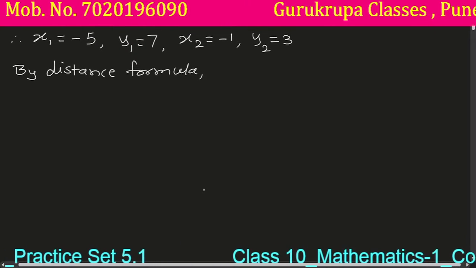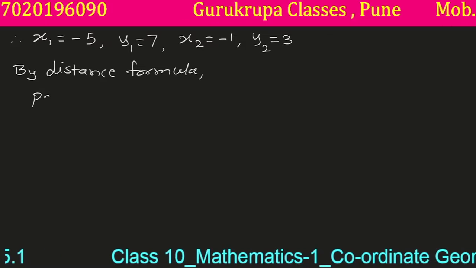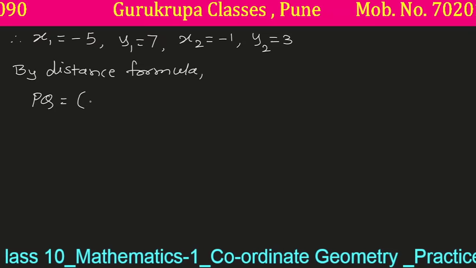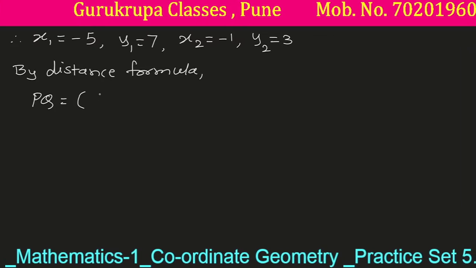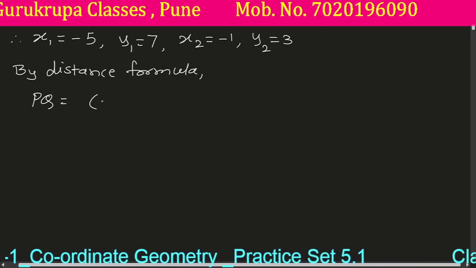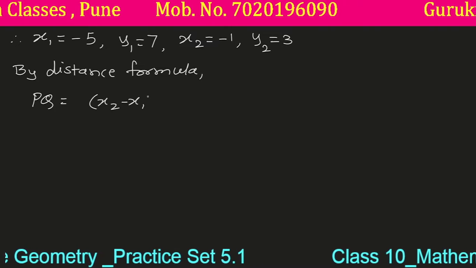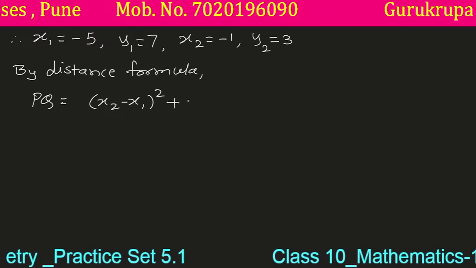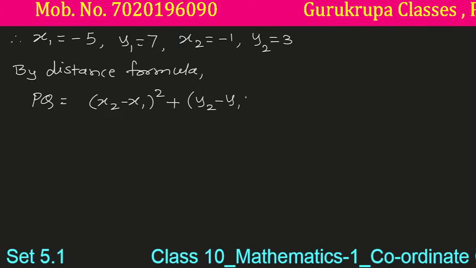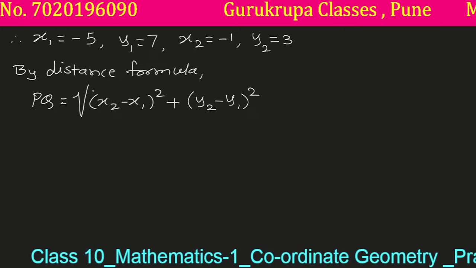That is PQ is equal to square root of x2 minus x1 whole square plus y2 minus y1 whole square.